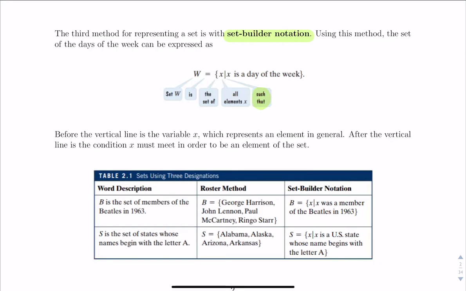So X is a day of the week. So before the vertical line is the variable X, which represents an element in general. And then after is the condition X must meet in order to be an element of the set. And so you can see in table 2.1, we have word description, roster, and set builder for the same set, so you can see the difference between the three.